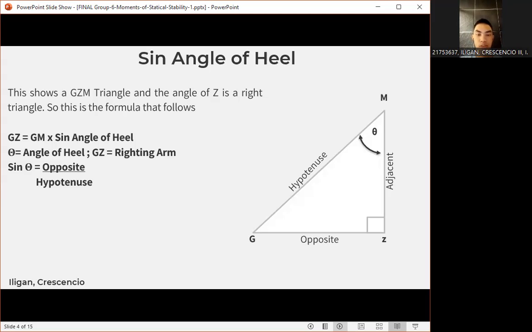Sine angle of heel equals opposite over hypotenuse, from the formula SOHCAHTOA, in which our GZ is the righting lever, and our GM is what we call the hypotenuse. Opposite over hypotenuse. So, next.